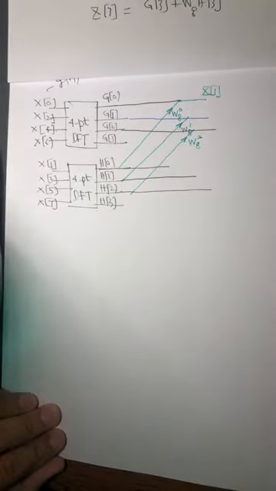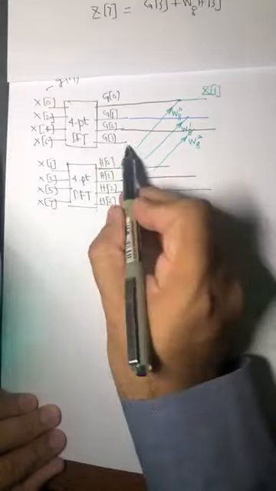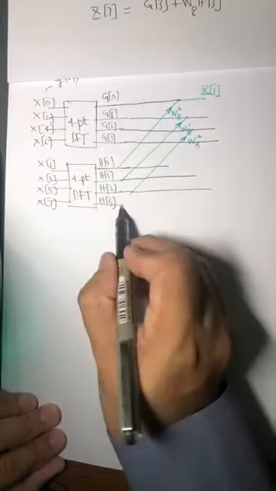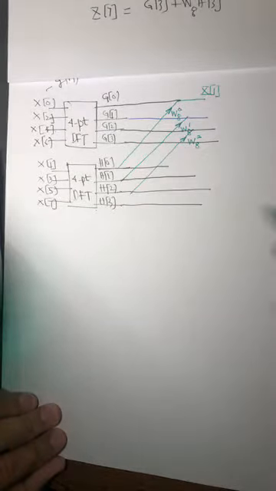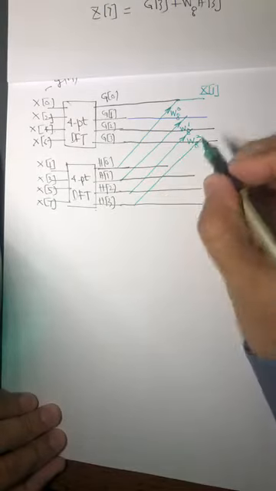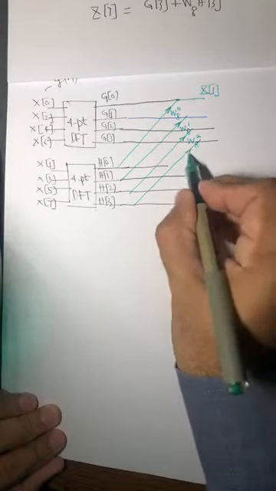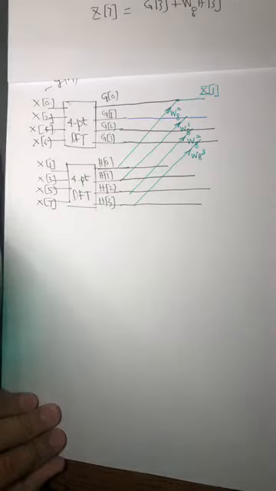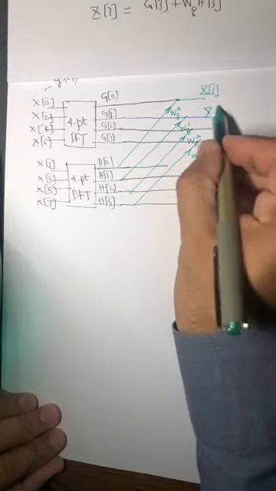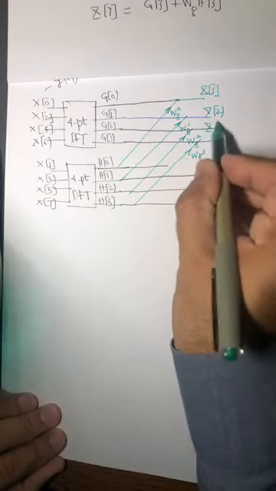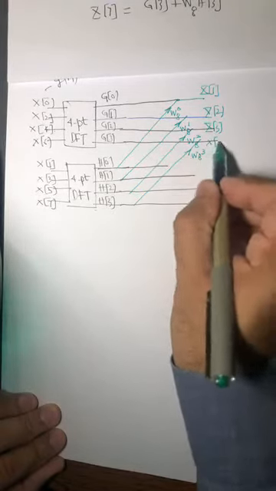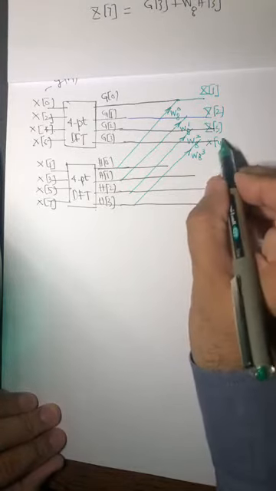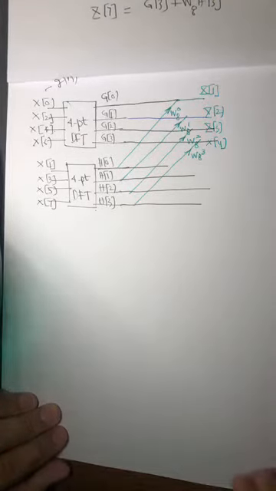W8^2. And then finally for this you have W8^3. So this is your X of 1, this is your X of 2, this is your X of 3, this is your X of 4. And now are the savings.